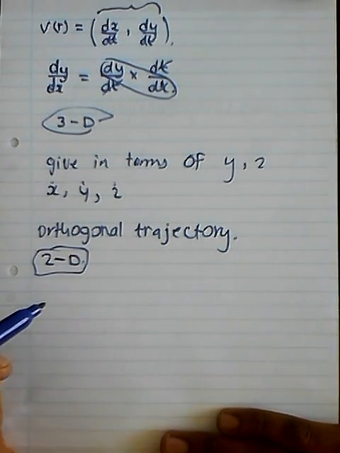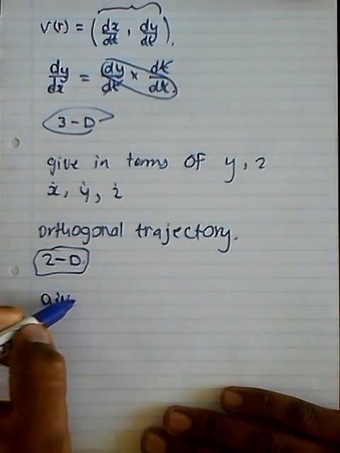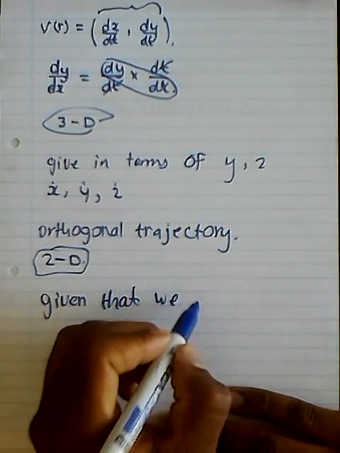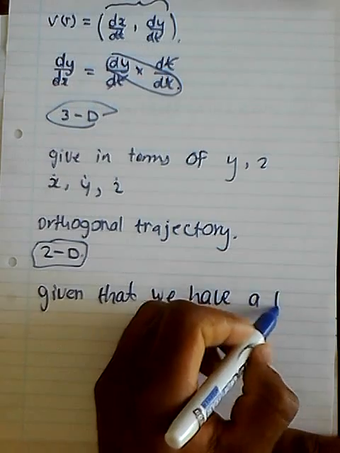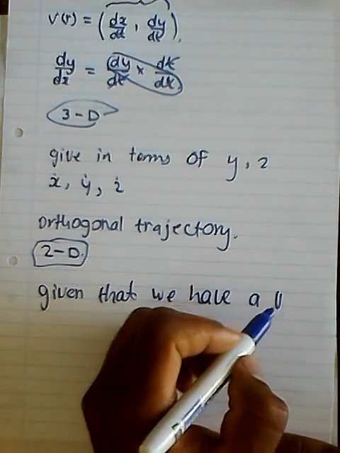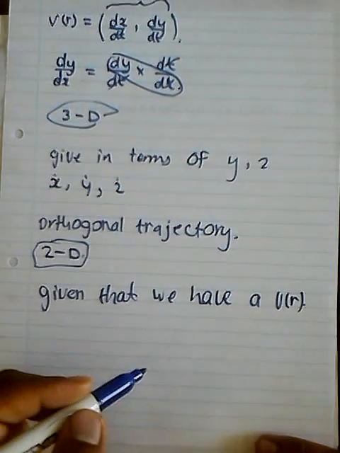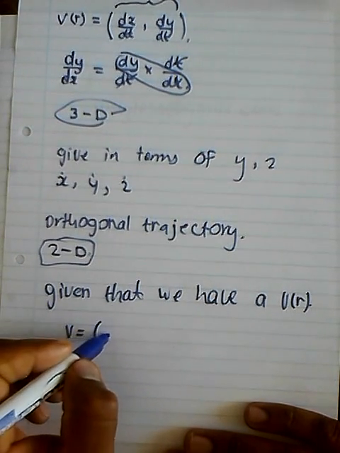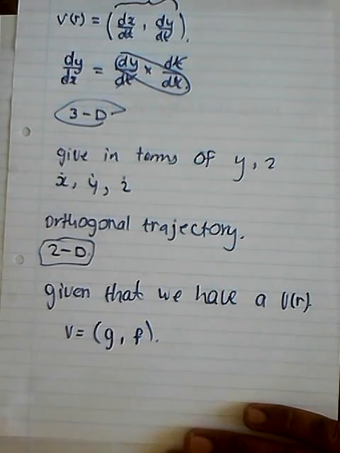Now given that we have a vector v of r, and this vector is given as v equals a function in g and a function in f.